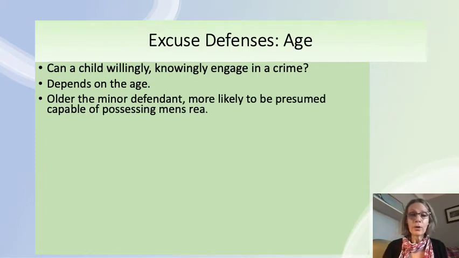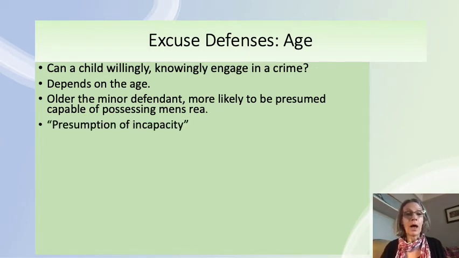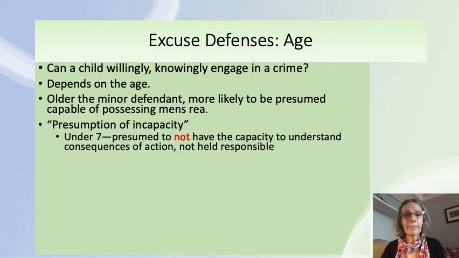The older a minor defendant is, the more likely it is presumed that they are capable of possessing mens rea. In other words, the older the child, the more likely it is that they can willingly and knowingly engage in a crime. Now, the court uses this thing called the presumption of incapacity. It's basically saying that at certain ages, children are presumed to be incapable of possessing mens rea.